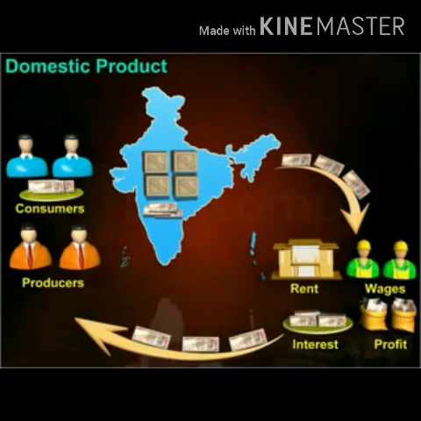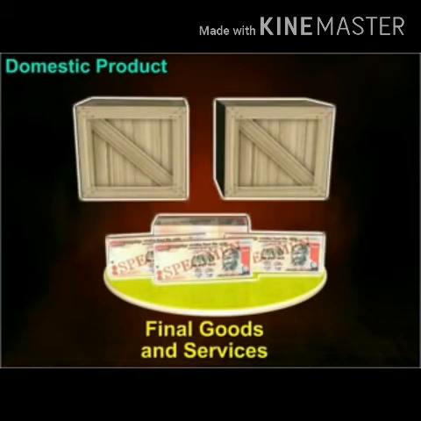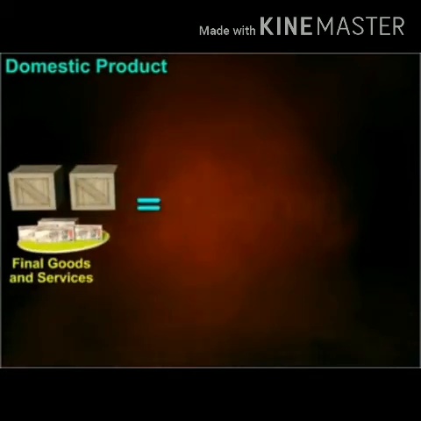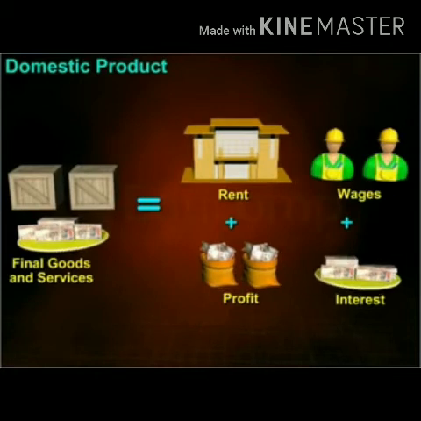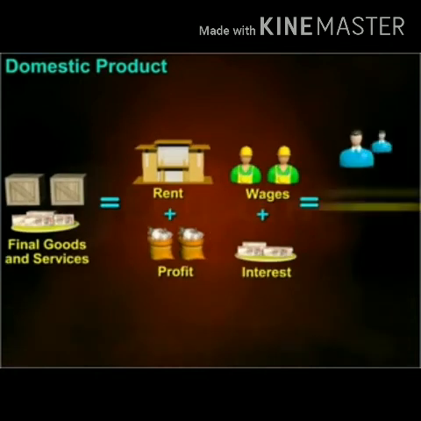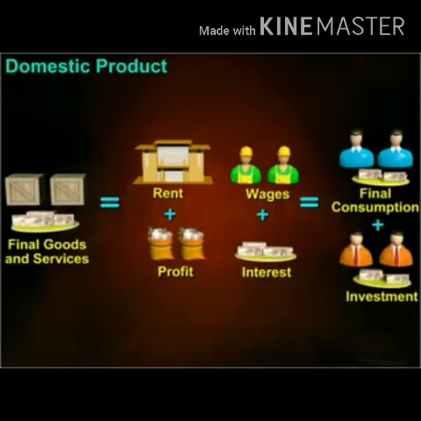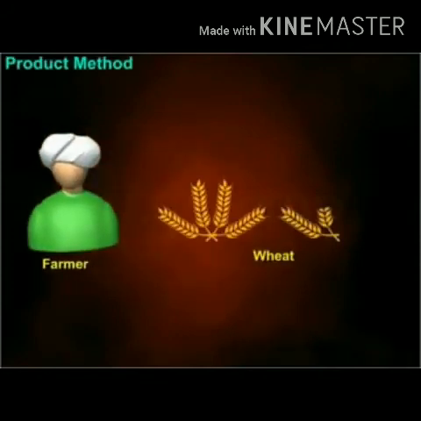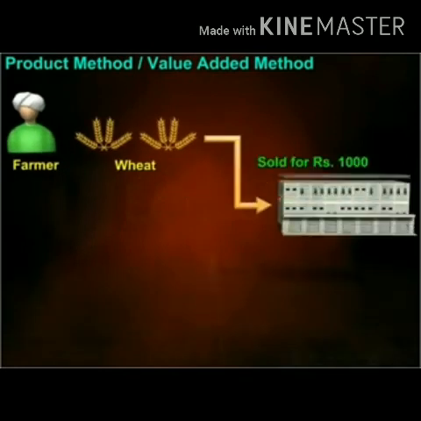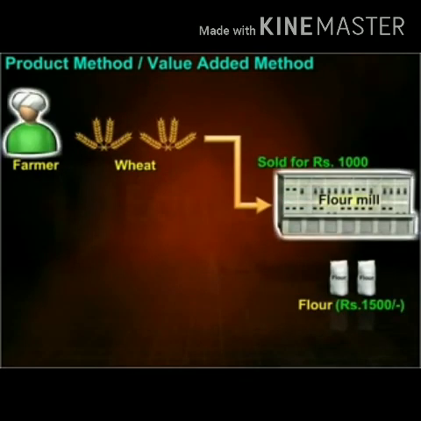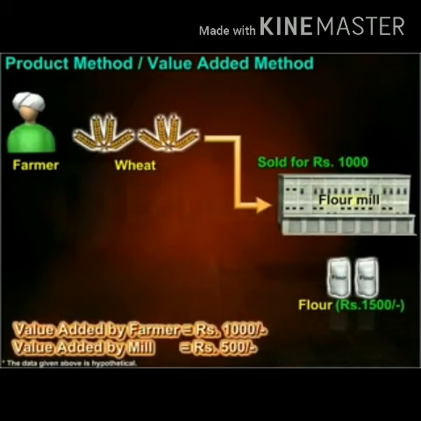This also flows into consumption and investment. Clear? And the farmer cultivates wheat, which is also sold as intermediate consumption.